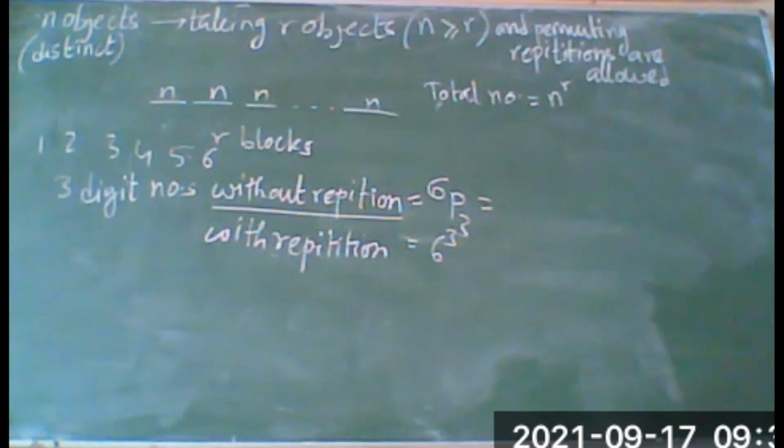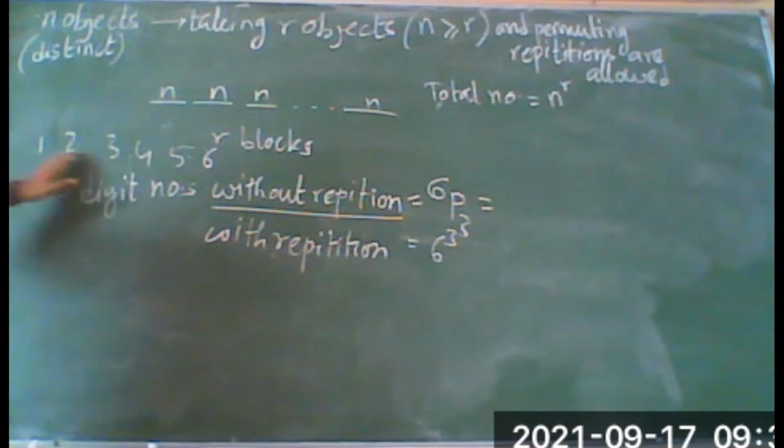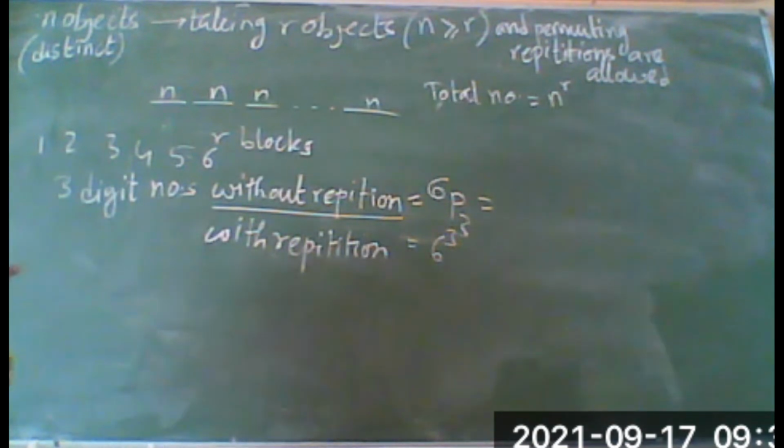So now we are coming to another thing. Till now what we have seen is that the objects are distinct, like 1, 2, 3, 4, 5, and we are permuting them either with repetition or without repetition. But now suppose the objects are repeated.